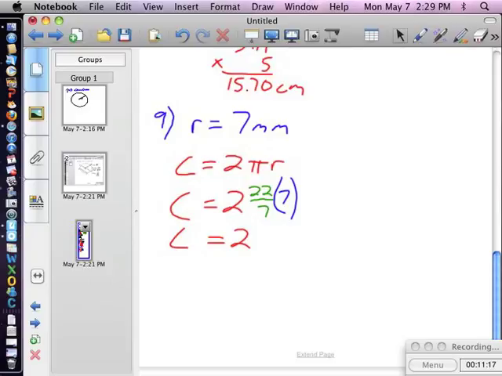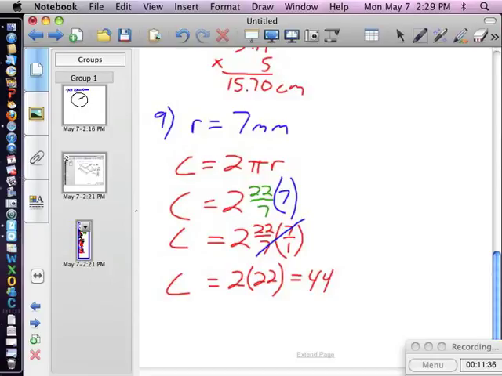I have this 22 over 7, and I have this 7 over 1. Well, the 7s cancel out, leaving me with 2 times 22, or 44. And now looking back at the units, 44 millimeters.